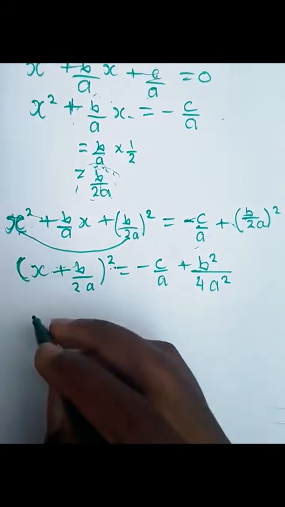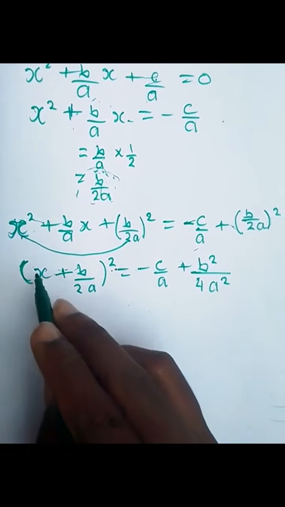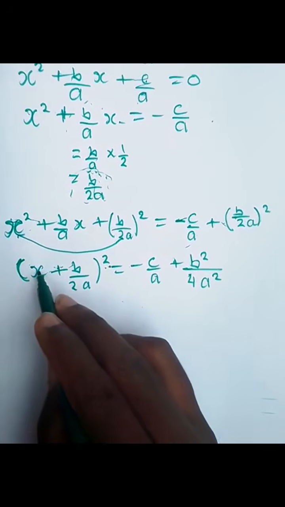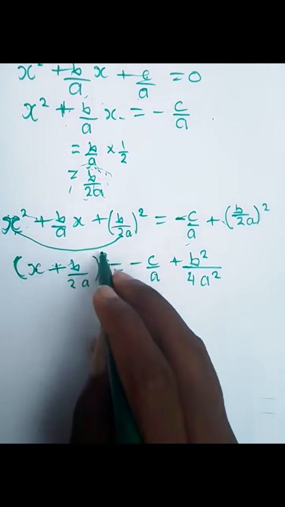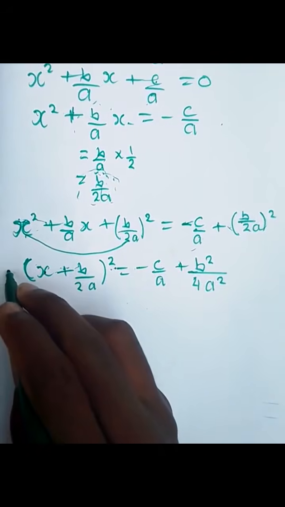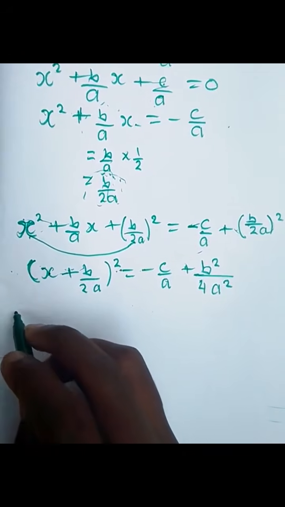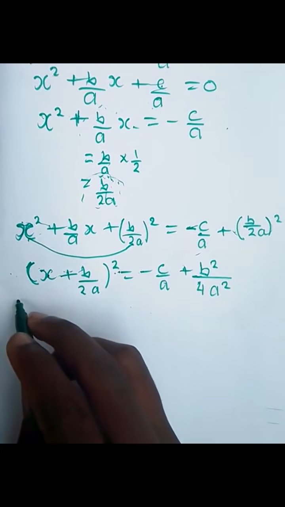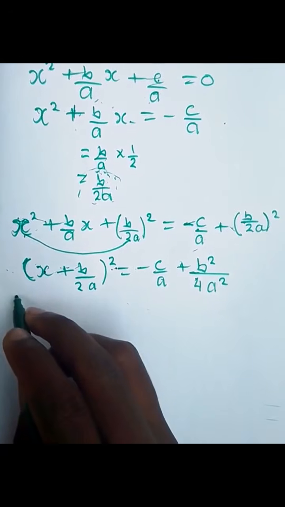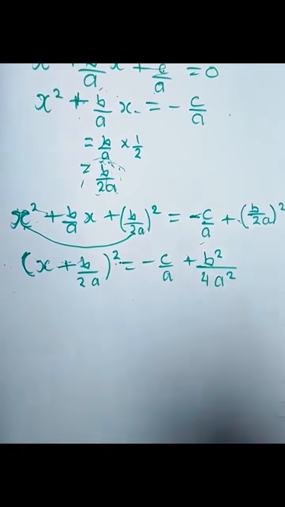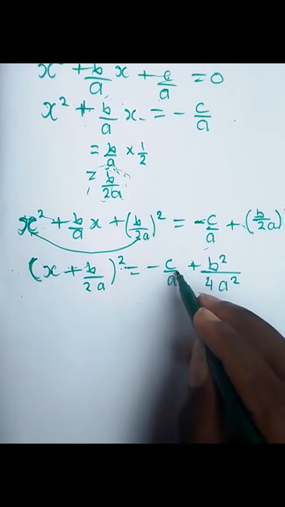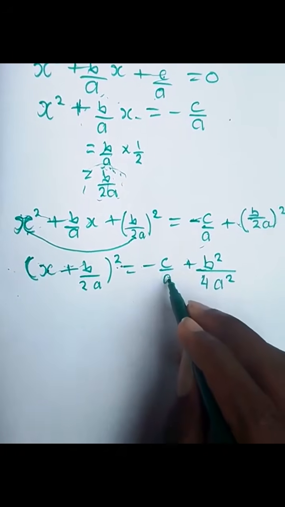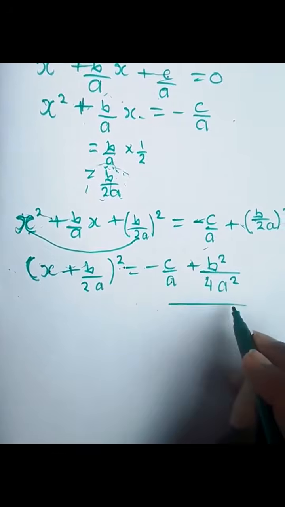Right? Alright, so now listen, we're solving for x, right? And our job is to make x the subject. So first of all, I need to get rid of this power 2. So I'm going to introduce square root. Now before I even introduce square root, let me try to simplify this a little bit. So what I'm going to do is make this a single fraction.